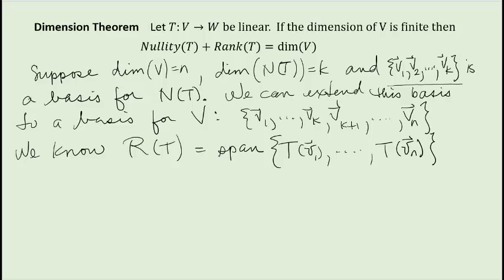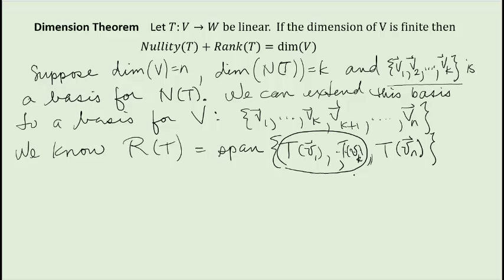If this is a basis for V, then we know that if we apply T to those vectors, the range is the span of those vectors, but we don't know if they're linearly independent. In fact, let me just stick in T of V sub k here. We know that these are all equal to 0, aren't they?